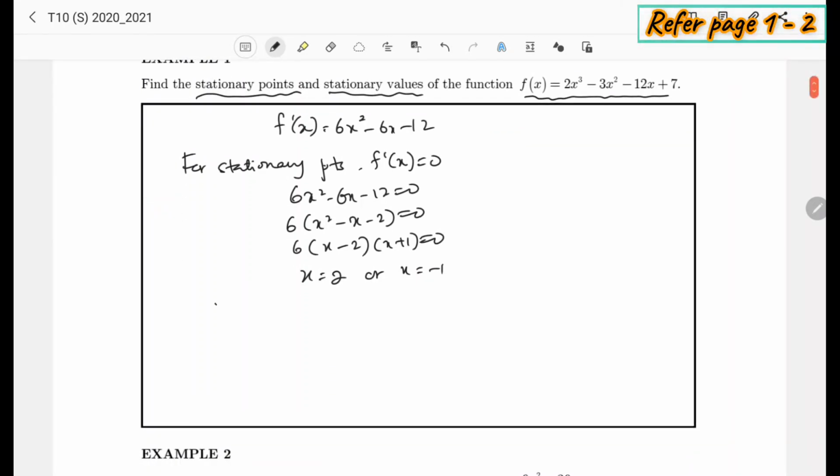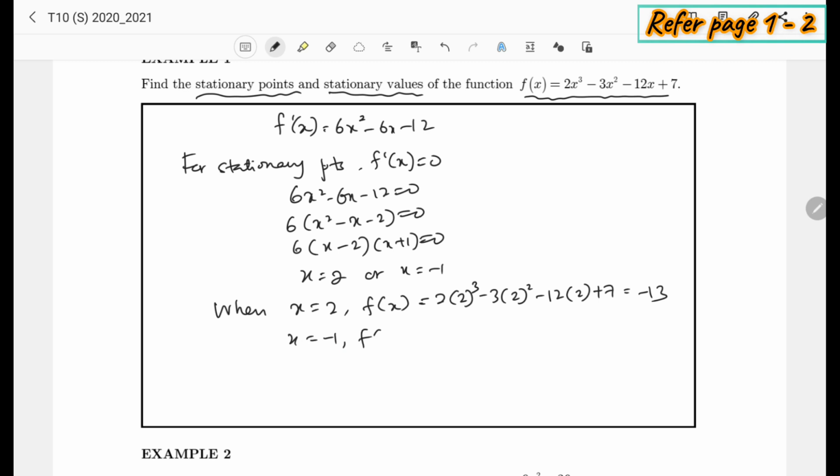So when x equal to 2, get the value of your f(x). So substitute: 2 cubed minus 3 times 2 squared minus 12 times 2 plus 7. So you will get the value to be negative 13. When x equal to negative 1, f(x) will be 2 times negative 1 cubed minus 3 times negative 1 squared minus 12 times negative 1 plus 7, and you will get the value to be 14.